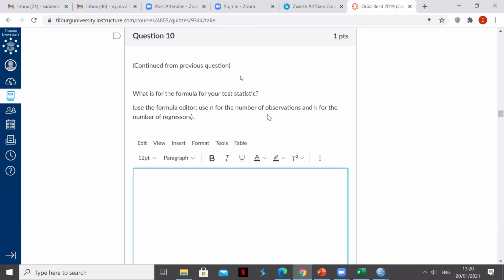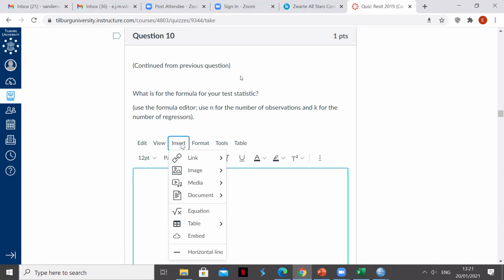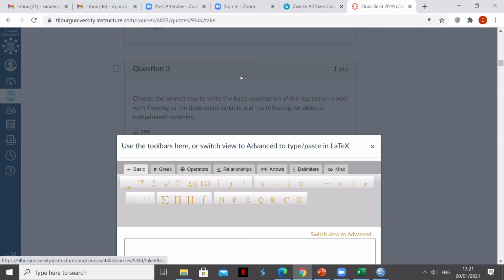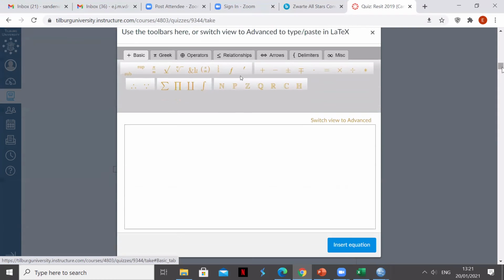What is the formula for your test statistic? Use the formula editor and use n for the number of observations and k for the number of regressors. So which did we use? We used the F-test. If you click on insert, you can do an equation. Let's go down a bit, and here it is.